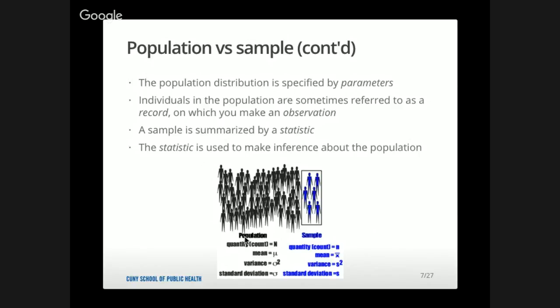And then we can use that statistic to in turn make inference about the population, and specifically about the population parameters. So mean and standard deviation of a sample, those are statistics, which we could then use to make inference about the mean and standard deviation as parameters of the population.